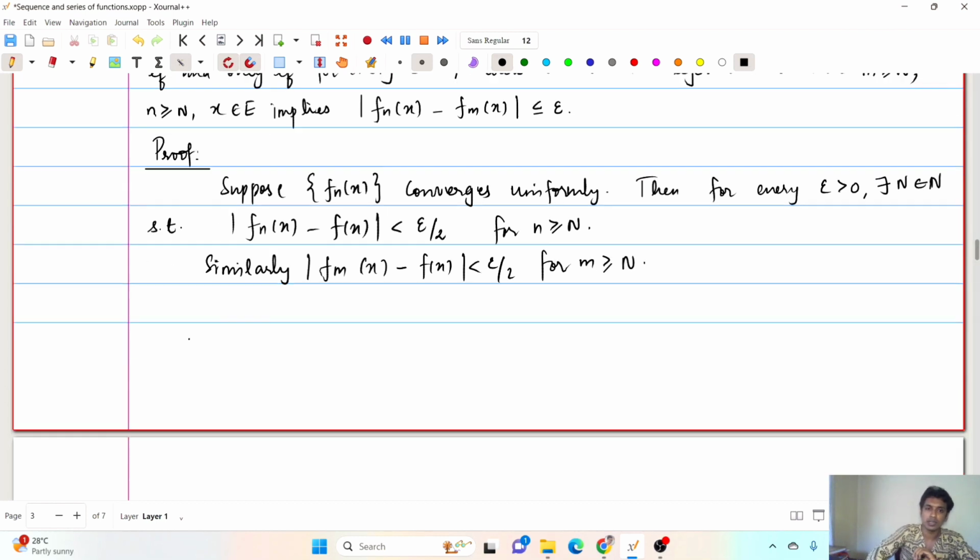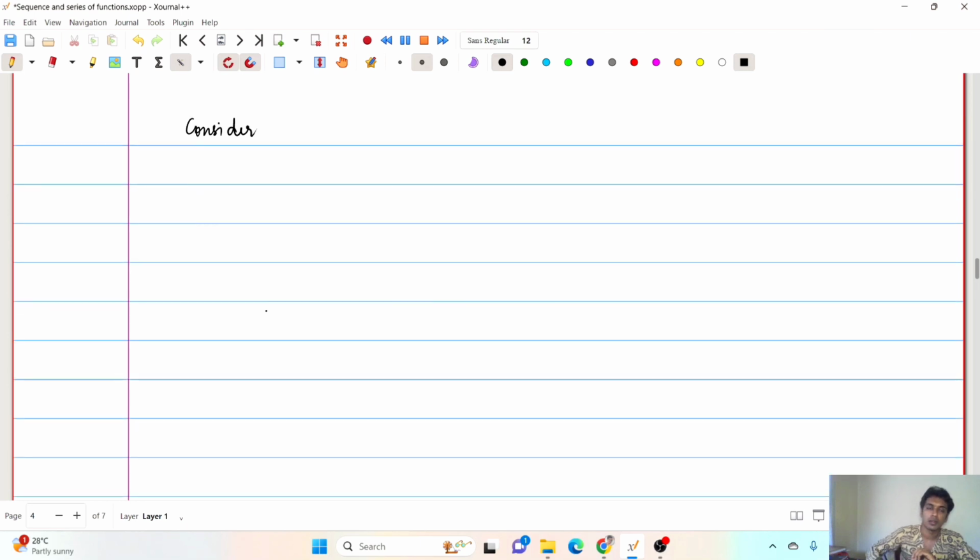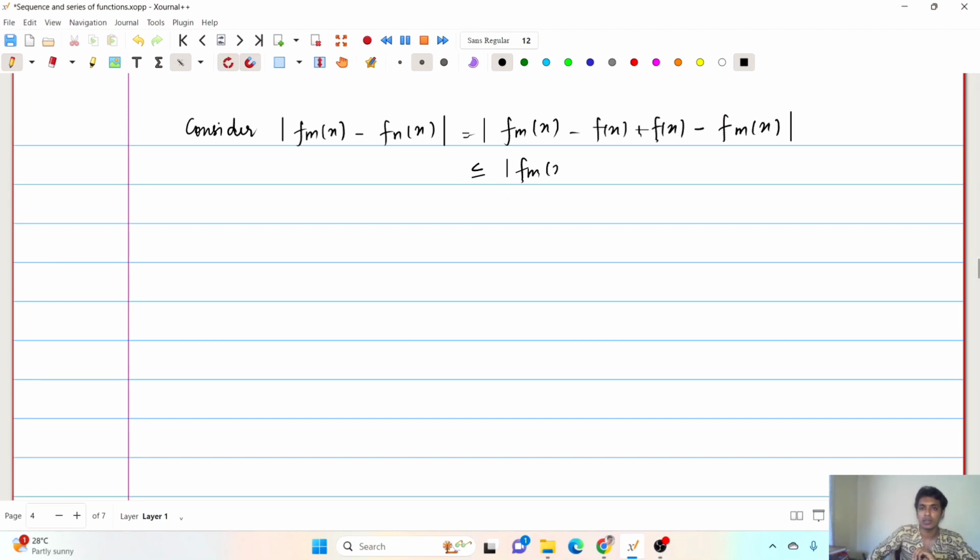Now let us consider absolute of fm of x minus fn of x. We just add and subtract f of x to it. Now using the triangle inequality, this is at most absolute of fm of x minus f of x plus absolute of fn of x minus f of x.